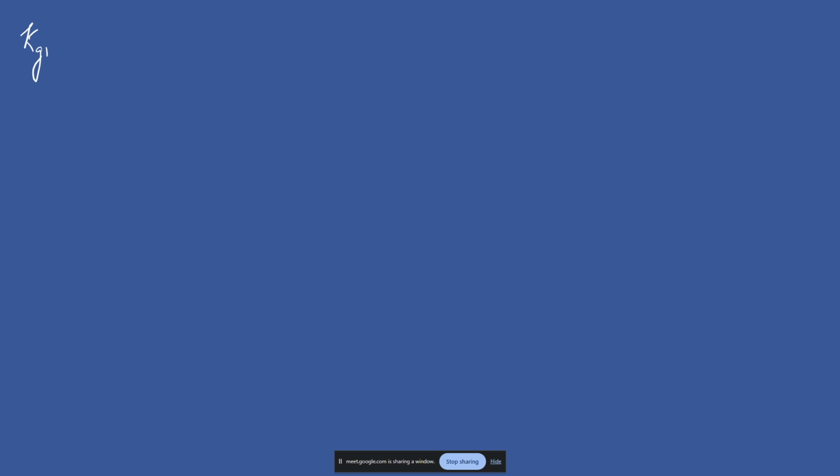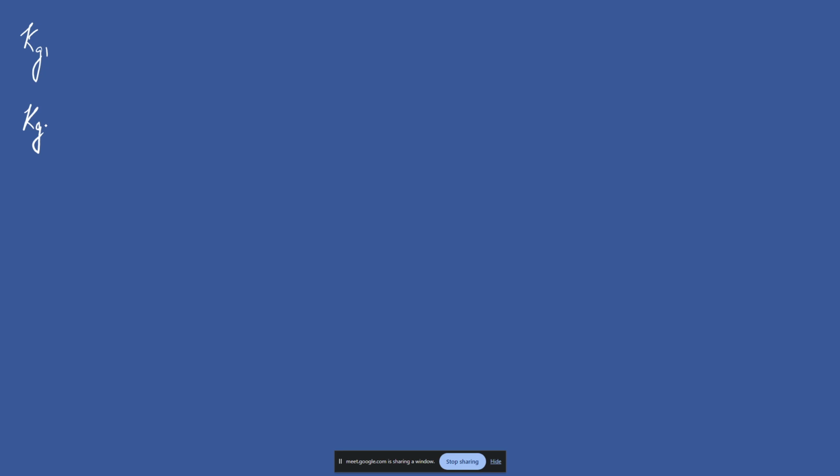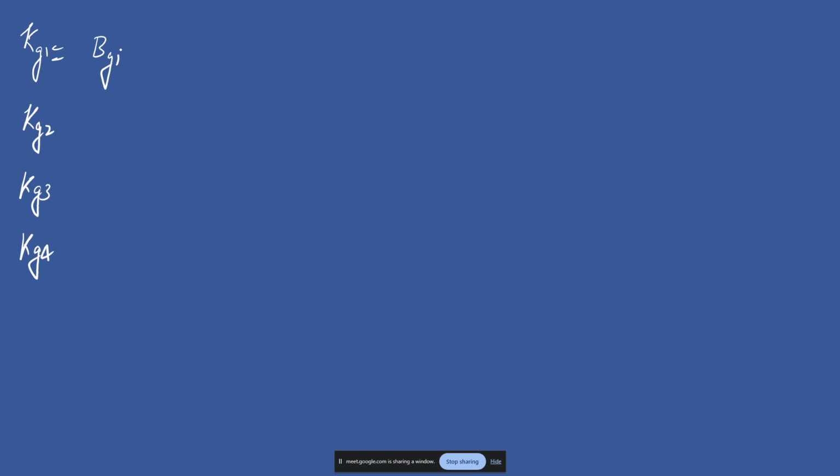So we are having kg1, then kg2, then kg3, then kg4. For kg1, you will have the Gauss quadrature rule which I applied using the first sampling point: Bg1 transpose D Bg1 t.